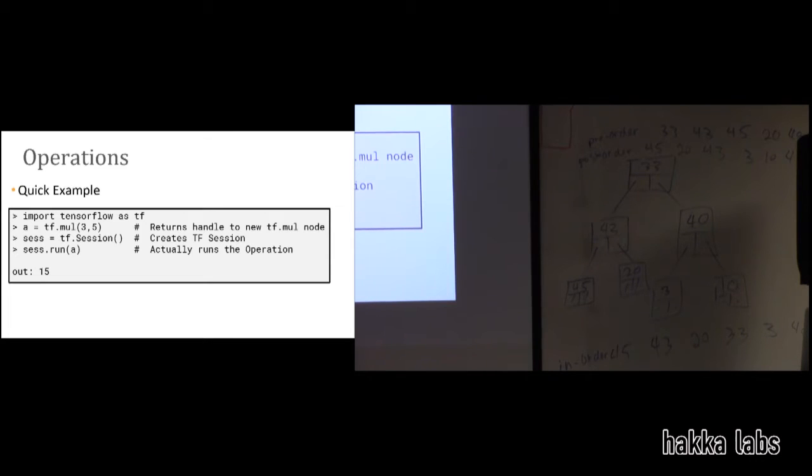As I said, I'm not using NumPy because I'm a bad person. A is a handle to this multiplication node, but when we get it, it doesn't return the number 15 yet. What we have to do is start a session, and we'll talk more about sessions soon. Once we have opened up a session, we can run it, and then finally it returns 15. Hooray!